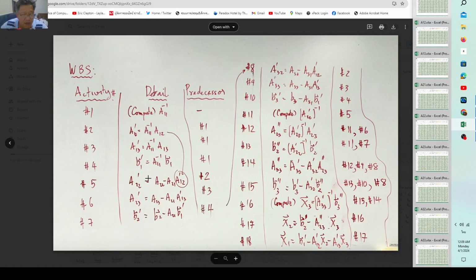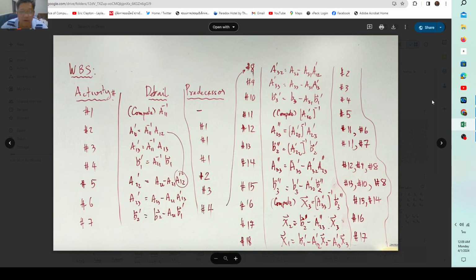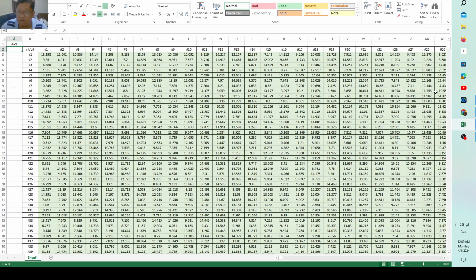Then you can copy A12 prime from the A12 file, and then you can use A21 in the file of A21 here.